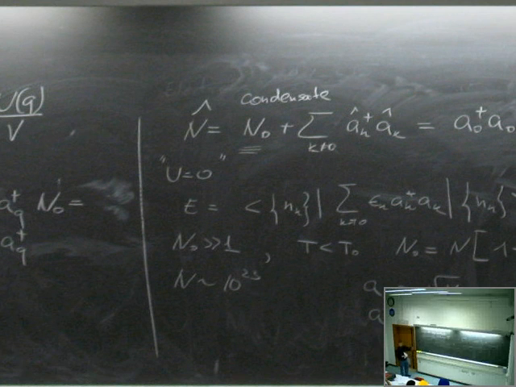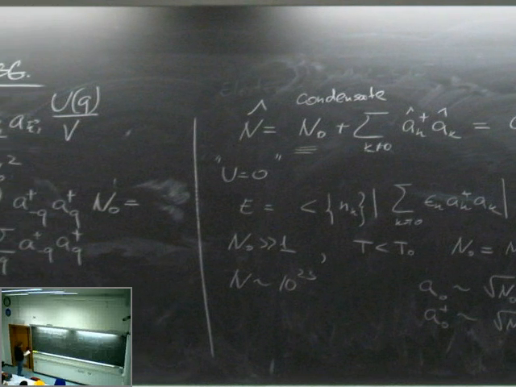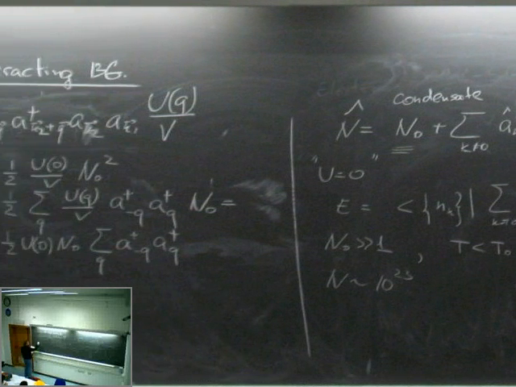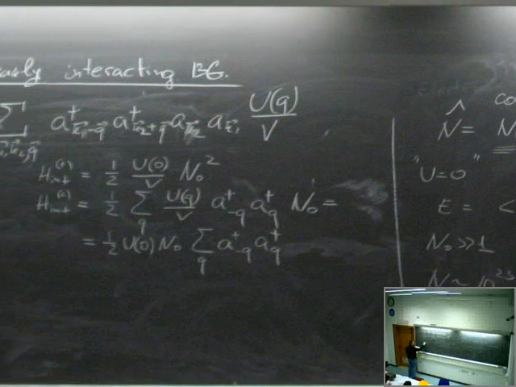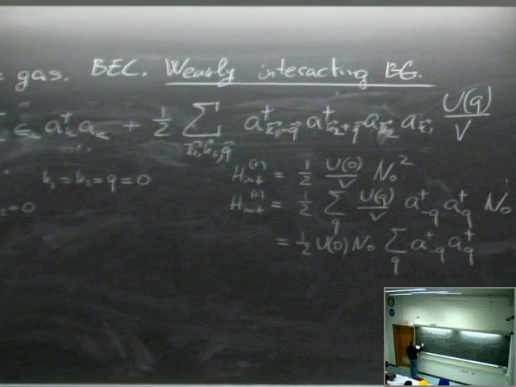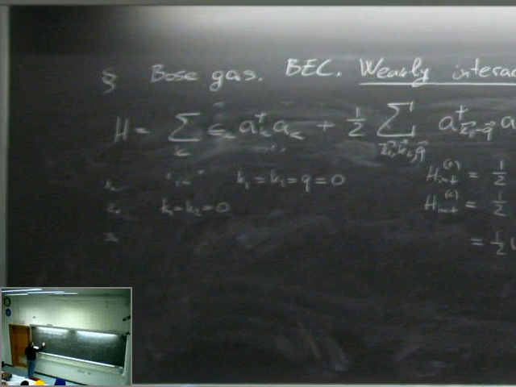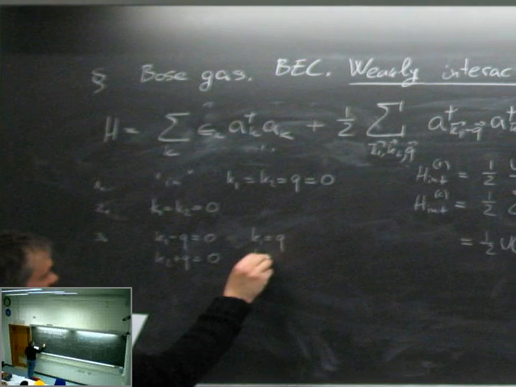Okay, situation number 3. I'm just listing all possibilities to have two of the momenta equal to 0, while the third one is not equal to 0. For example, k1 minus q is equal to 0, and k2 plus q is equal to 0, which means k1 is equal to q, and k2 is equal to minus q.